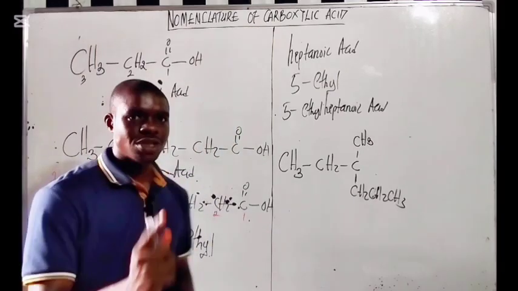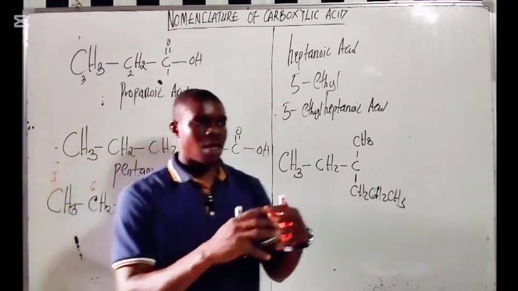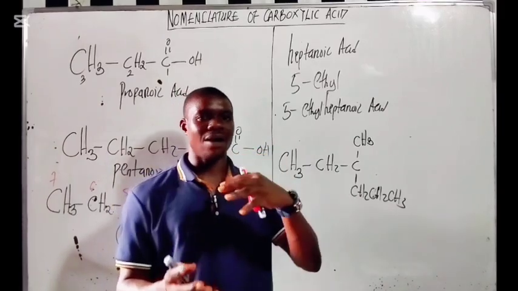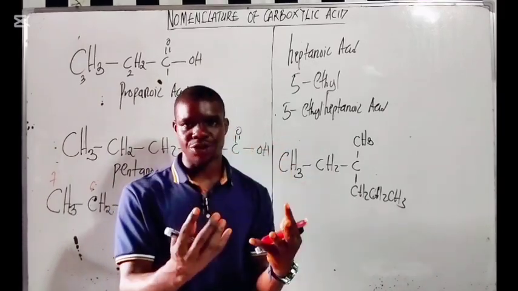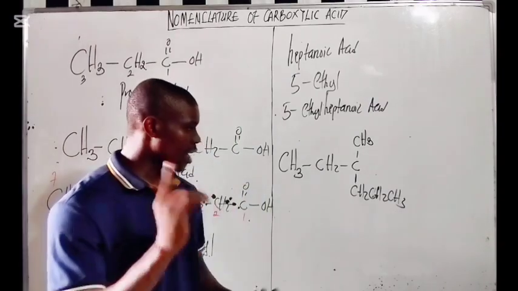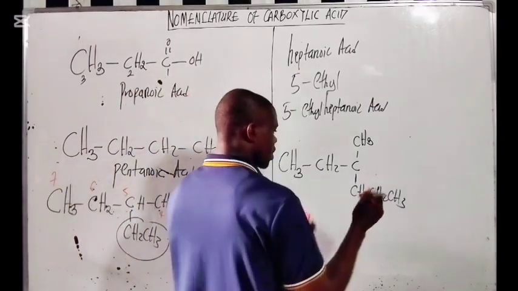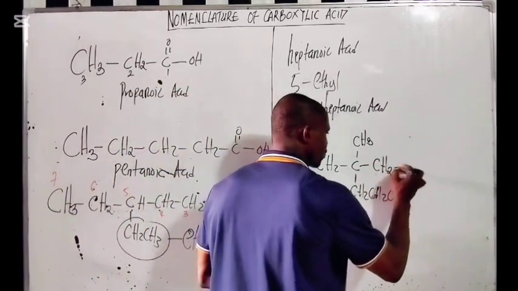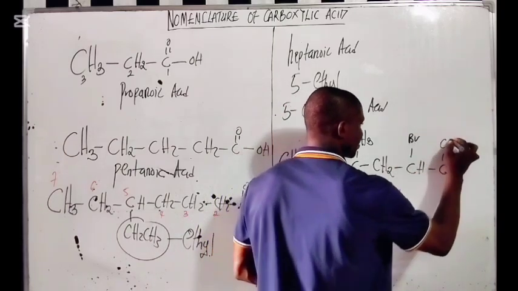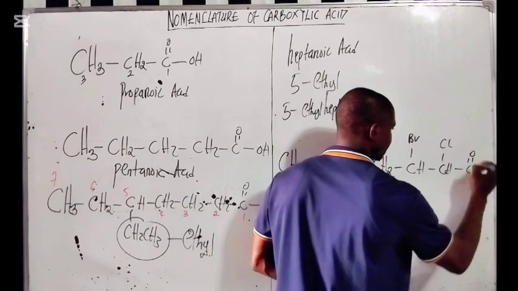I want you to pay close attention here because it's a different structure. Many students, if they are not careful about the structure, might fail the name. Here we have CH2, C, Br. Here we have H. Here we have Cl, H.